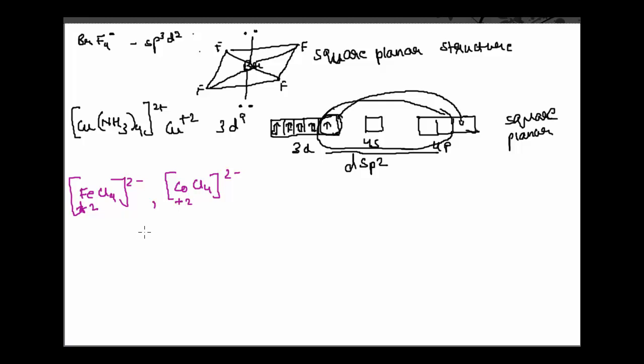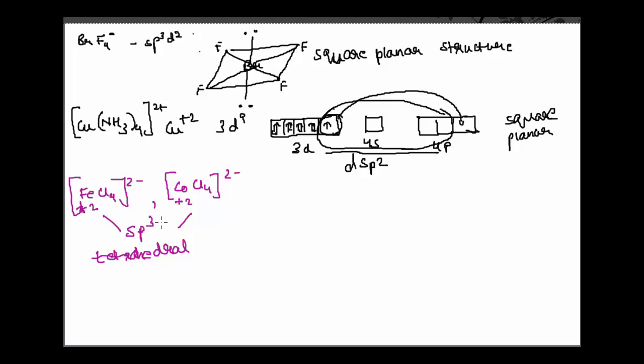So both these complexes will be outer orbital complexes, because Cl- is a weak field ligand, so pairing will not take place. So both of them will be sp3 hybridized, and since they are sp3 hybridized, they would be tetrahedral in shape.